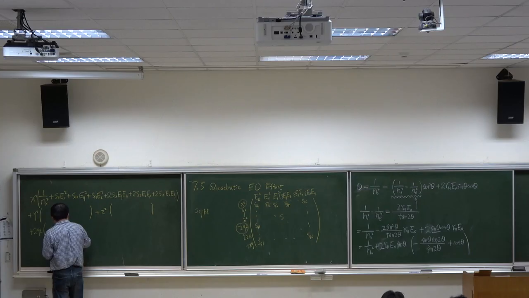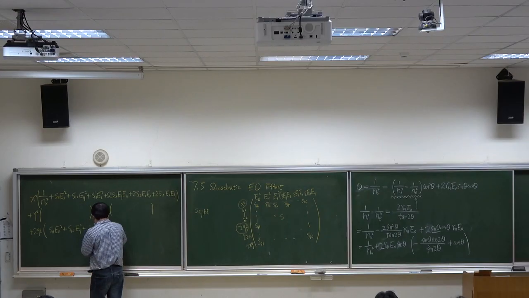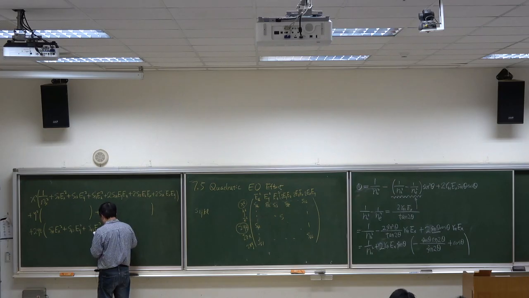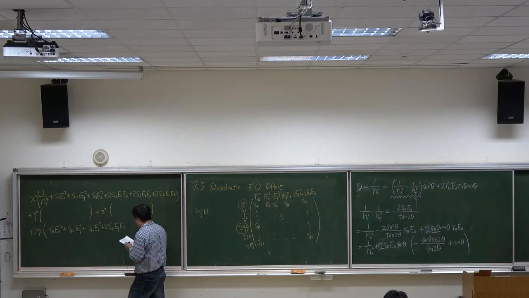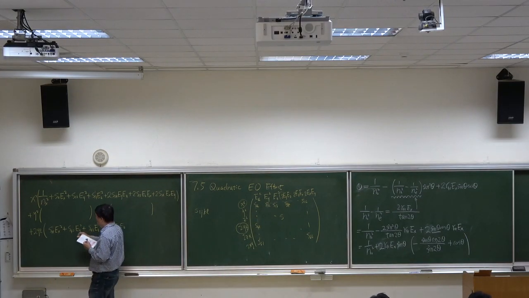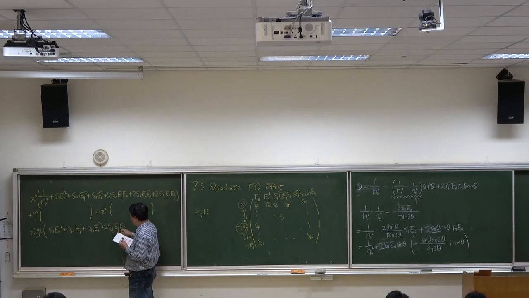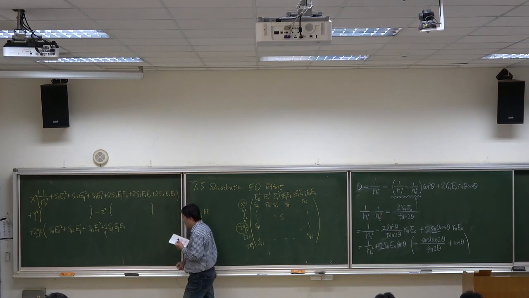Plus S42 Ey squared, plus S43 Ez squared, plus 2 S44 EyEz. The first 4 corresponds to 2yz, and the second 4 corresponds to EyEz. But do not forget this factor 2.